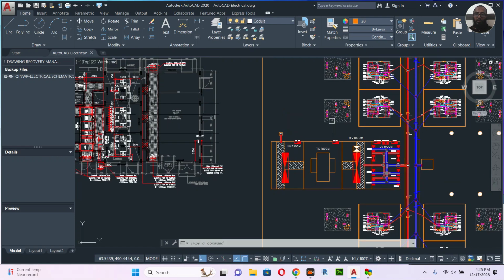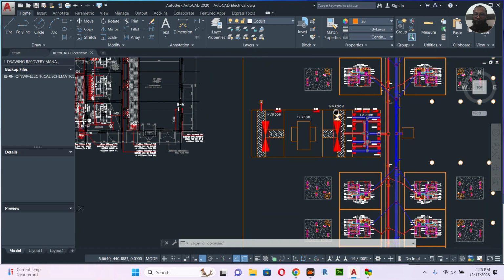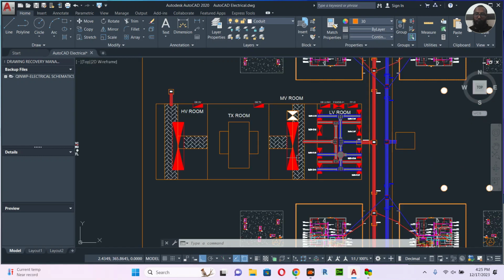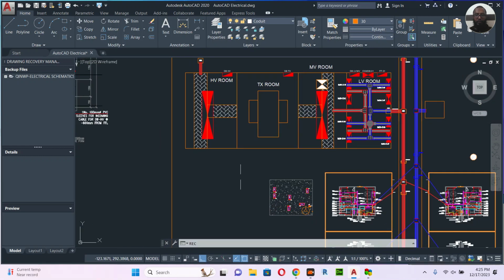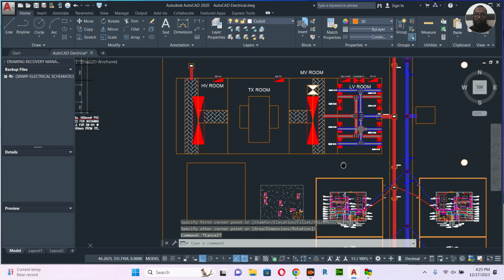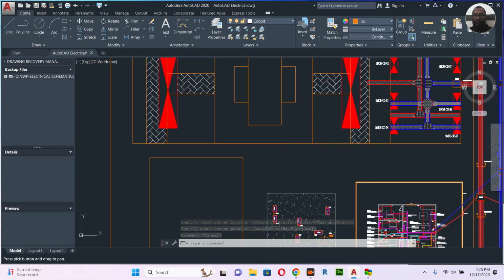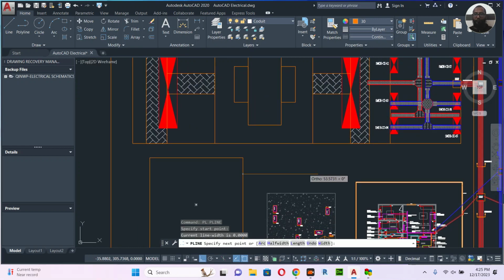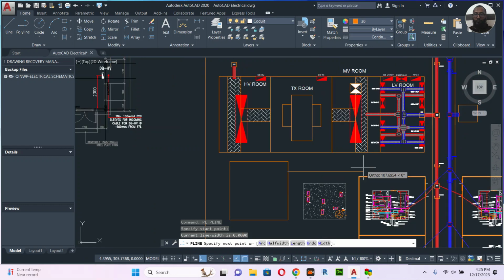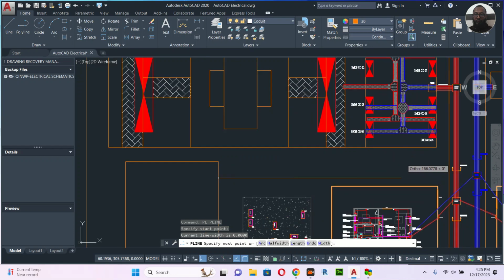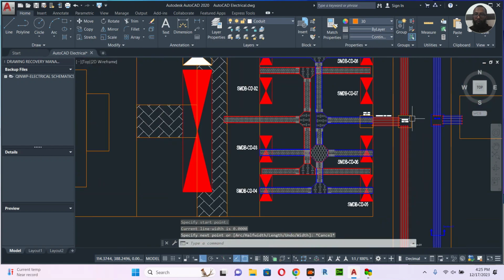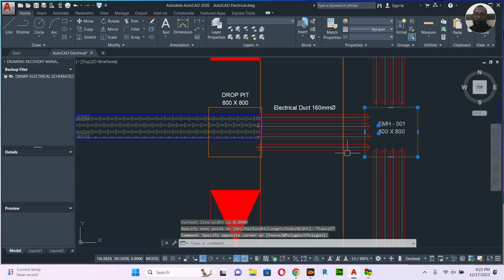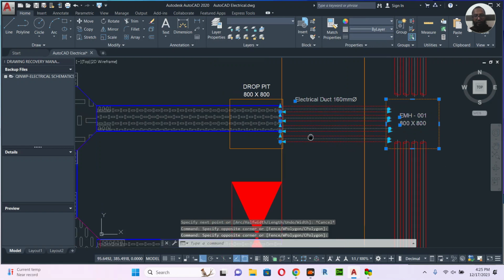So let's draw another one. Let's put one box here. This we call the generator room, and we have to draw some trench here. Yeah, we can connect, like this. We will put one manhole. Let's not be lazy, do it.